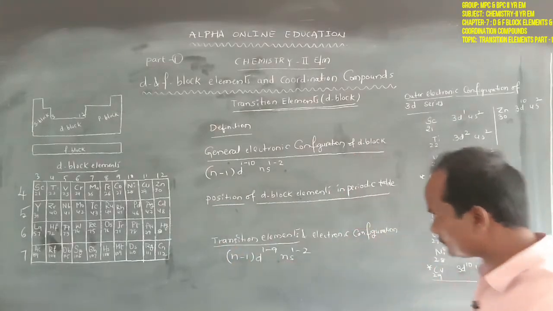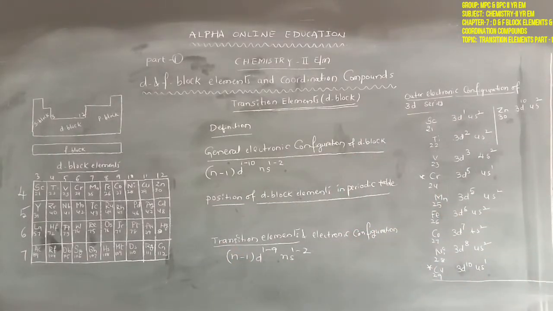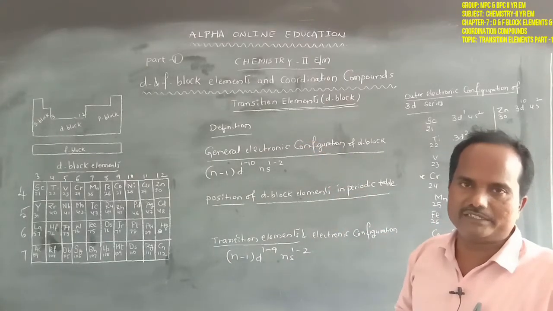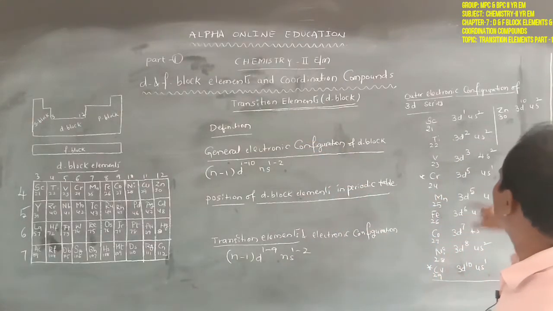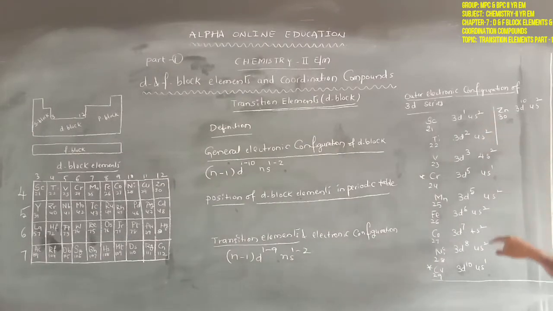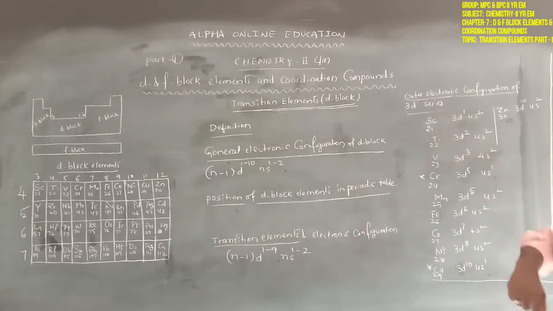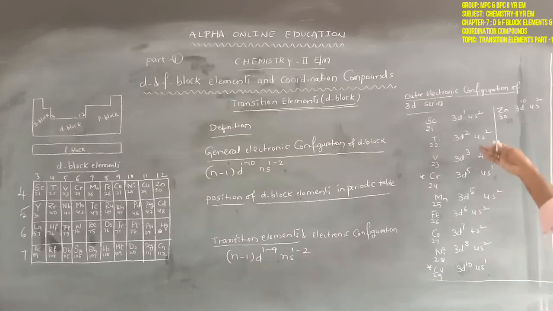Why do we study these transition elements? When you observe the electron configuration, 3d1 4s2 for scandium in general, it exhibits the +3 oxidation state, whereas from titanium to copper, most of the elements exhibit more than one oxidation state.